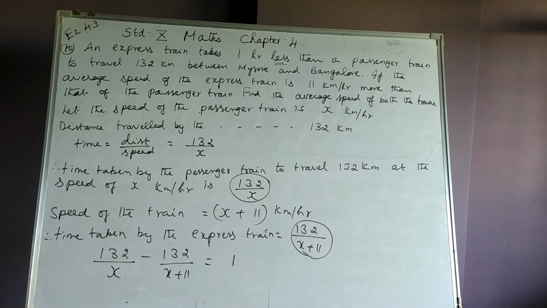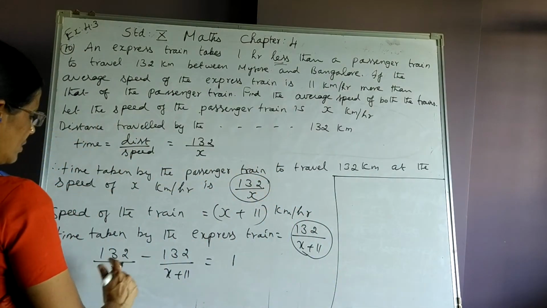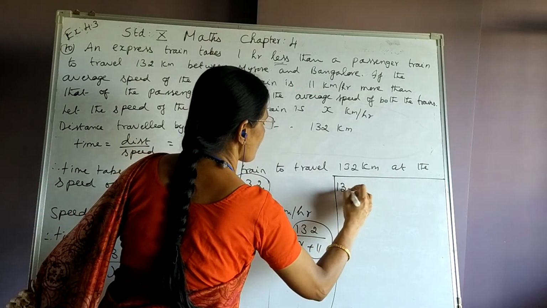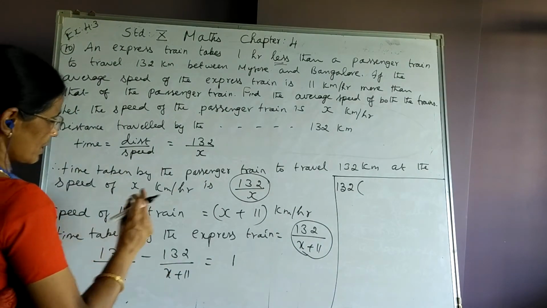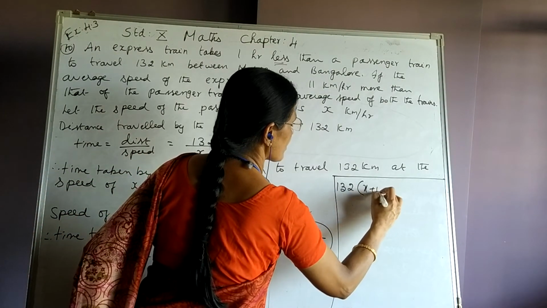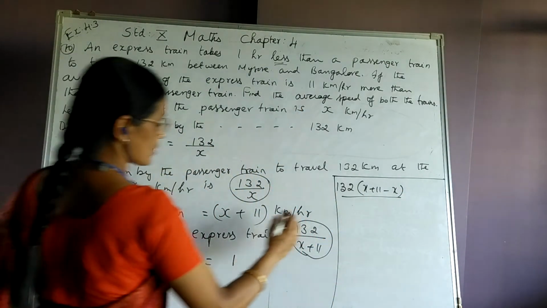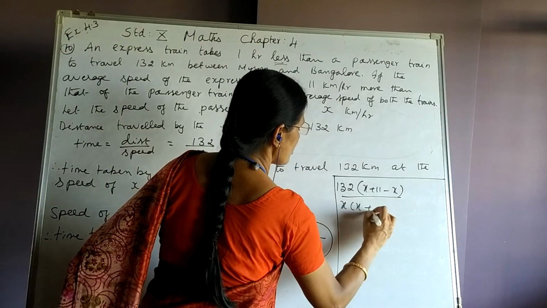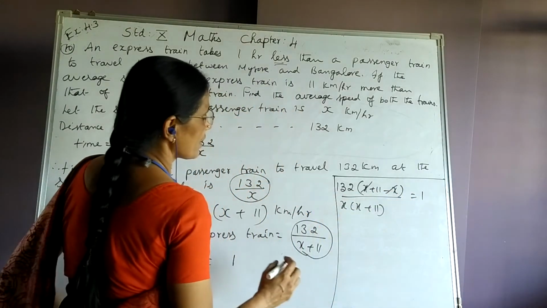Therefore, we are going to solve this by finding LCM. So, 132 is common, that I take it out for both the numerators. X plus 11 comes in the first numerator minus the second numerator, which is x, upon x into x plus 11 is equal to 1. You can see these two are getting cancelled.